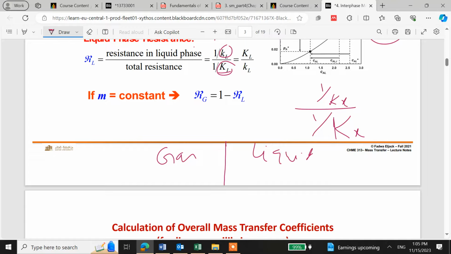Depending on where the more resistance is, mass transfer is dominated by the gas phase or the liquid phase.